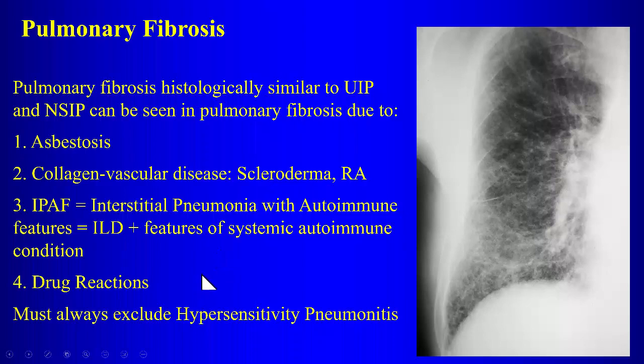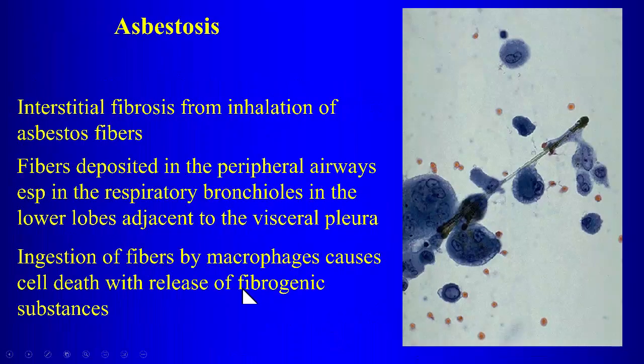And then we can also have drug reactions that give you pulmonary fibrosis, but the clinician must always think about hypersensitivity pneumonitis if they have a patient with fibrotic lung disease. So these are other considerations when you're dealing with fibrotic lung disease besides the idiopathic interstitial pneumonias.